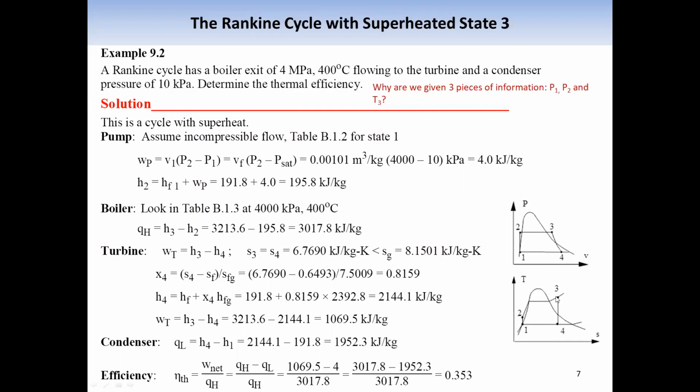And if state 3 is fully given, the entropy of state 4 is known, and the pressure for state 4 equals the pressure of state 1, that's 10 kilopascal. So that completes the analysis of a full cyclic process. All the properties can be estimated.